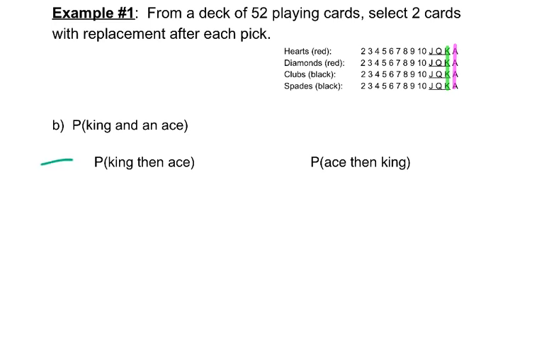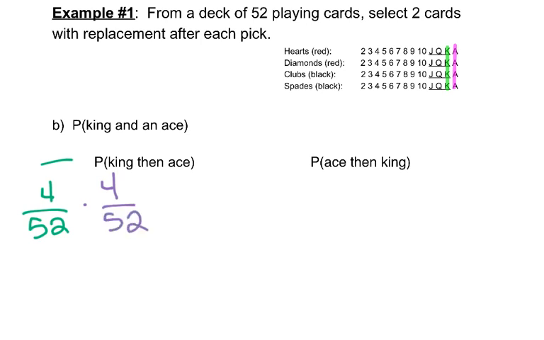So for this calculation here, the probability of a king and then the ace is the same type of calculation we did in the previous slide. So that would be 4 kings out of 52 cards in the deck times the probability of an ace, which would be 4 aces out of 52 cards in the deck.